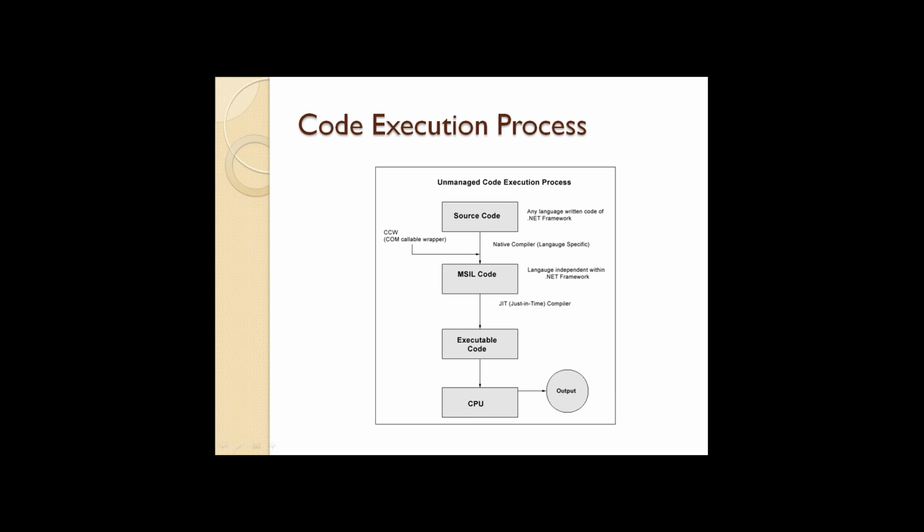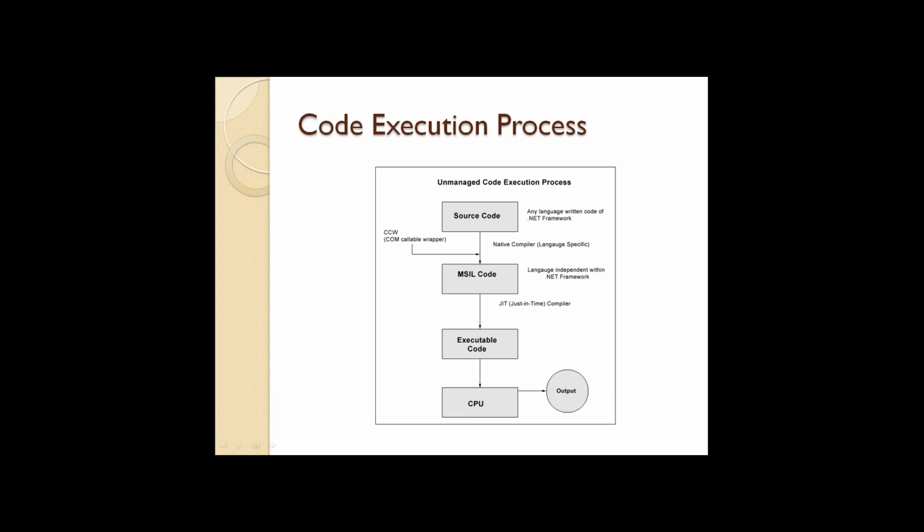Then in the middle between the .NET framework, it will go through some process. For example, if you wrote some code in C#, the C# compiler takes care of it. If you wrote code in VB.NET, the VB.NET compiler, and for VC++, the VC++ compiler.